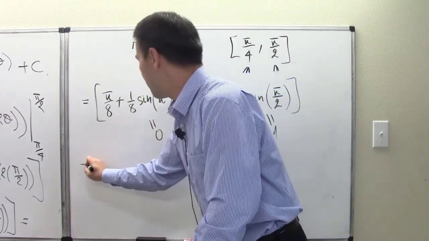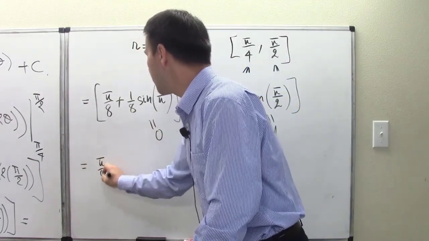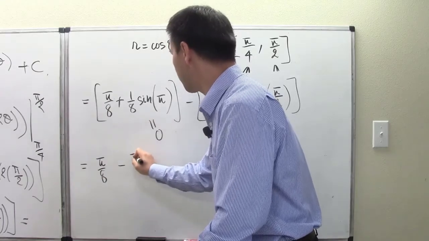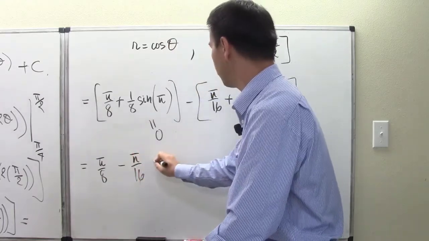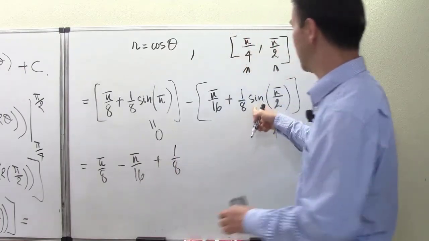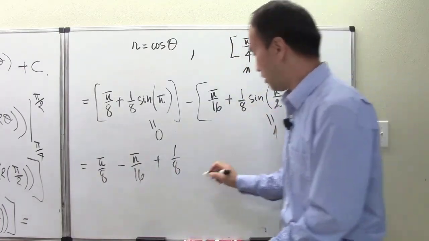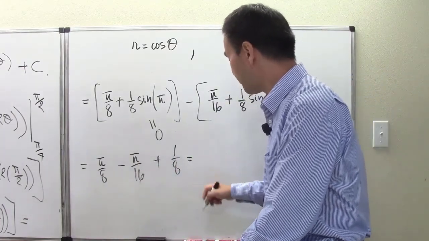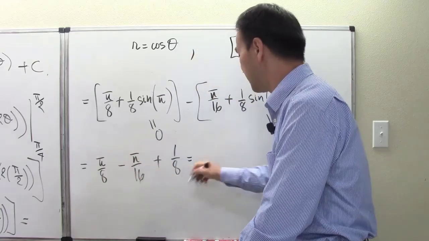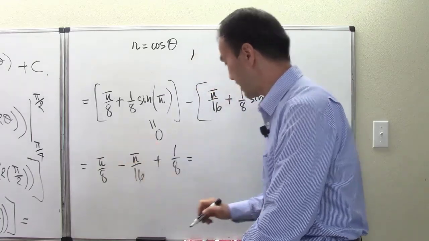Now I'm ready for my next step. It's pi over 8, we don't need to add that term, minus pi over 16, plus 1/8 times 1. So now I'm going to make a common denominator for those two and add those like terms.